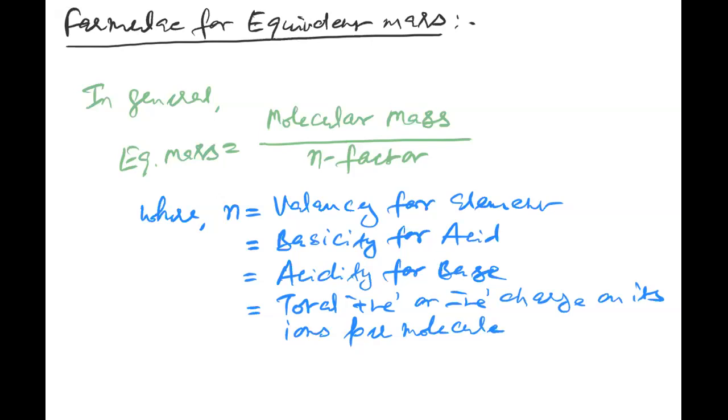So n is valency for element, basicity for acid, acidity for base. Same as per n is concerned, it is the total positive or negative charge on its ions per molecule for salt.